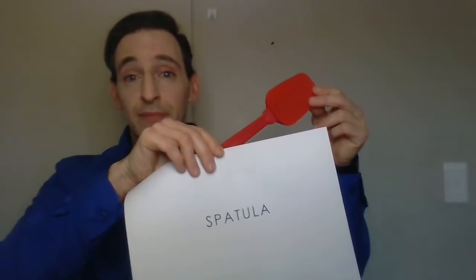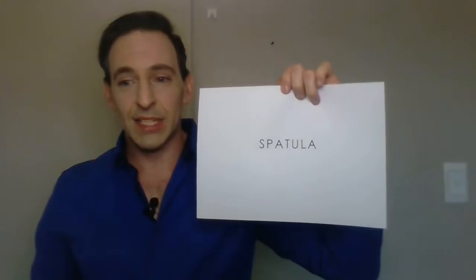Another one that we have, and I love this word because it's such a fun word, is spatula. A spatula, obviously, is used to mix in a bowl, to take batter out of a bowl, used a lot in cooking, and it's a fun word, spatula.